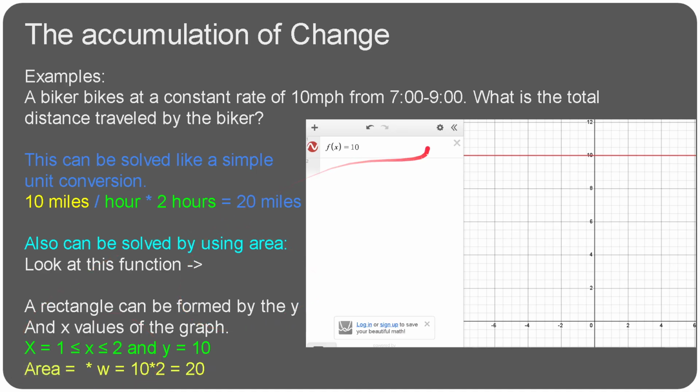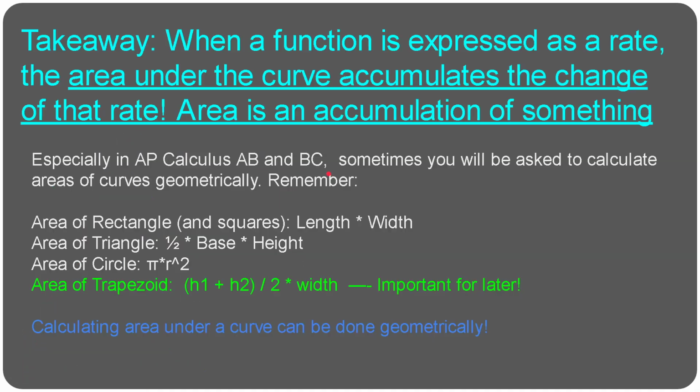So you can think about it like area. The key takeaway is that area underneath a curve accumulates the change of a rate. And also area is an accumulation of something.